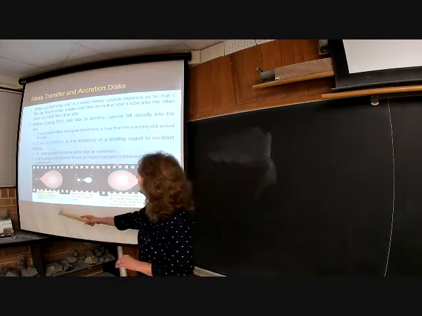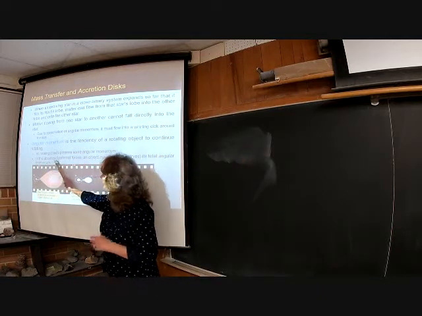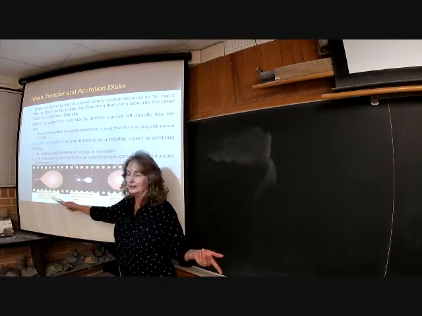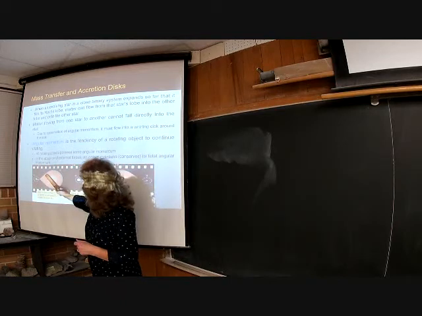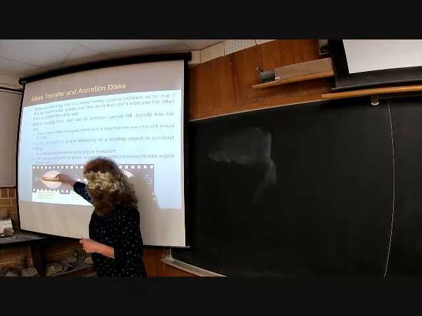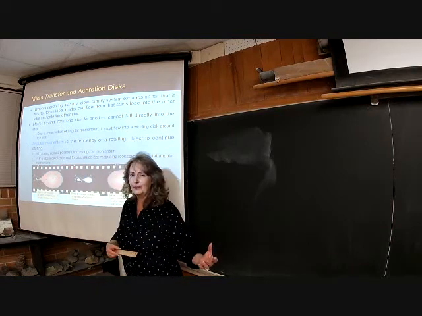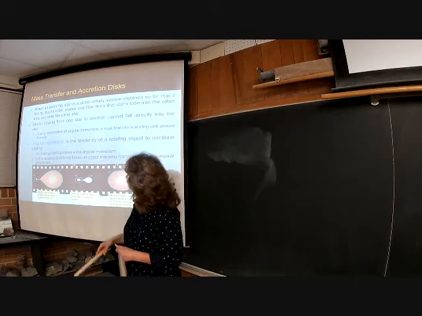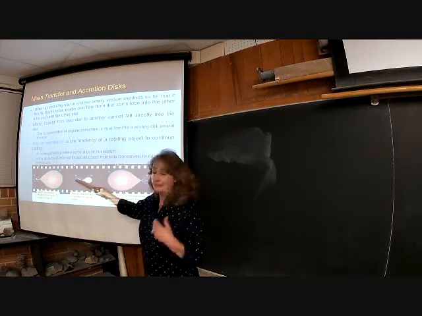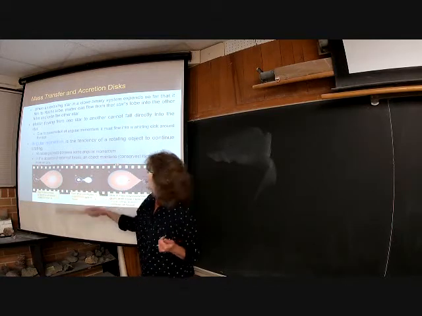Here we have star B, in its evolution becoming a giant, and it can lose a little bit of mass to star A. So it's giving a little bit of that mass to star A, and star A is starting to gain a little bit more mass.